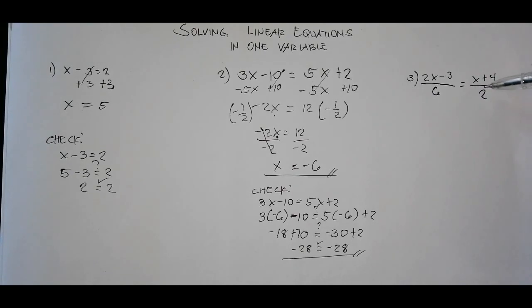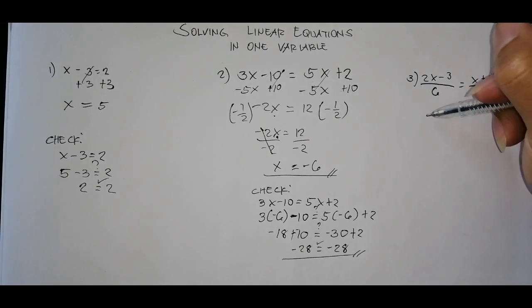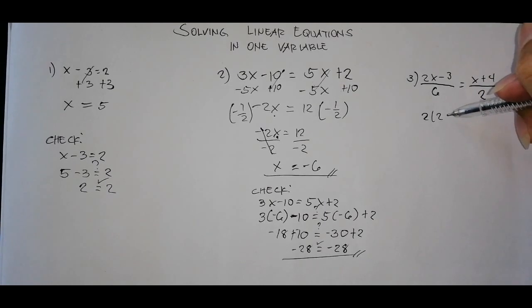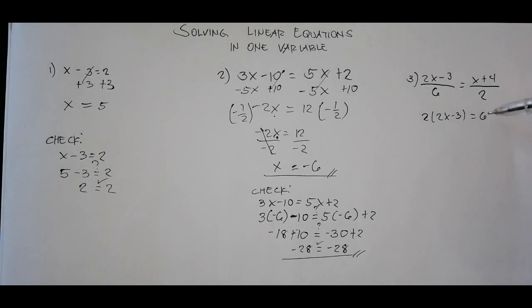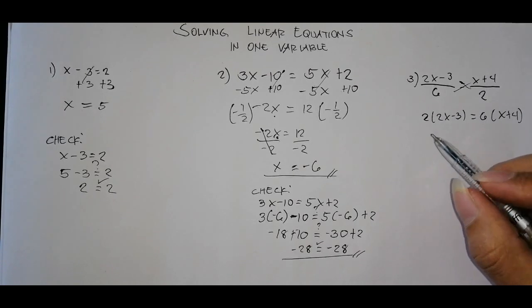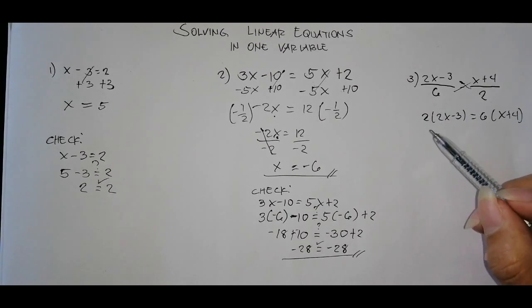So the outcome, we have here 2 times the quantity 2x minus 3, and then we have here 6 multiplied to the quantity x plus 4. Okay, so again, I just cross multiply that one. So next, I'm going to use the distributive property.